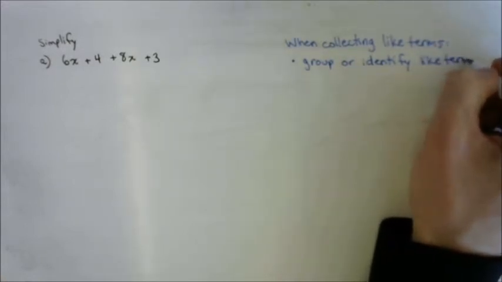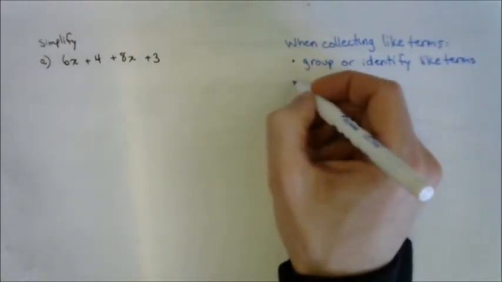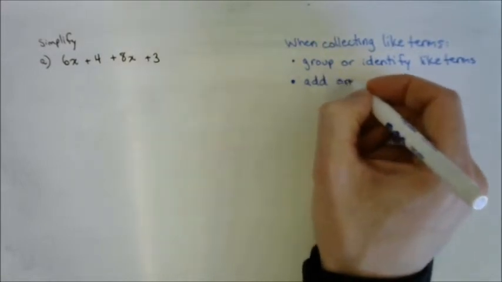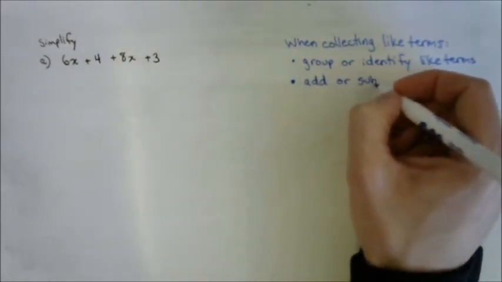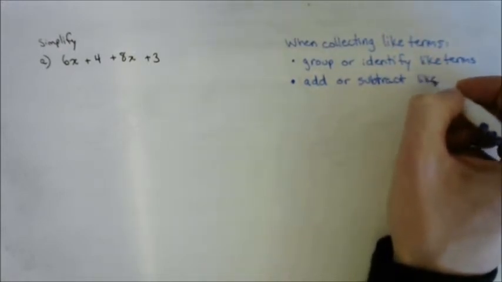So I like to do that with different types of squiggly lines underneath each term that gets grouped together. After we do that, we're going to add or subtract like terms. We've done that before.